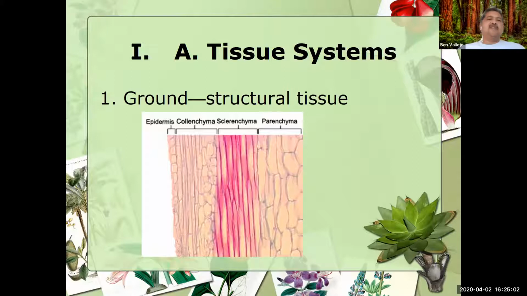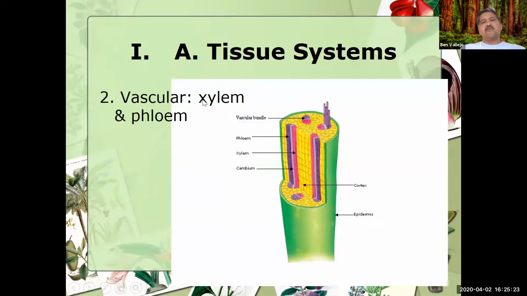Now, if you were a biology major, I'd have you learn about the collenchyme, the sclerenchyme, and the parenchyme. Some of these are living cells, some of these are dead cells, some are used for transport materials. You just need to know that most of the plant is made up of the ground tissue, which is the structural tissue.